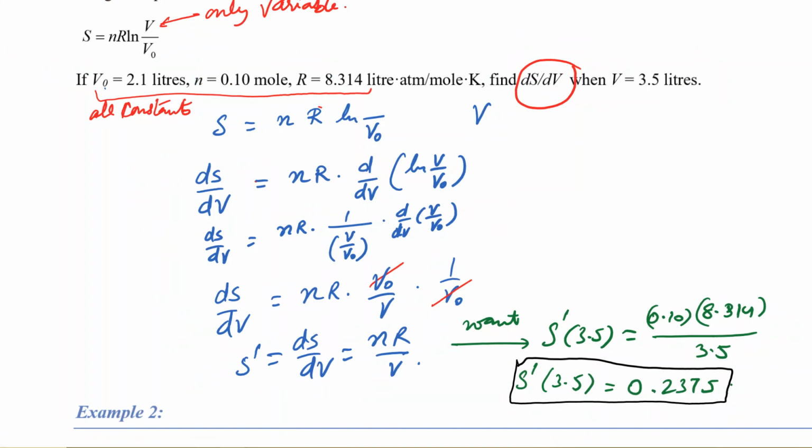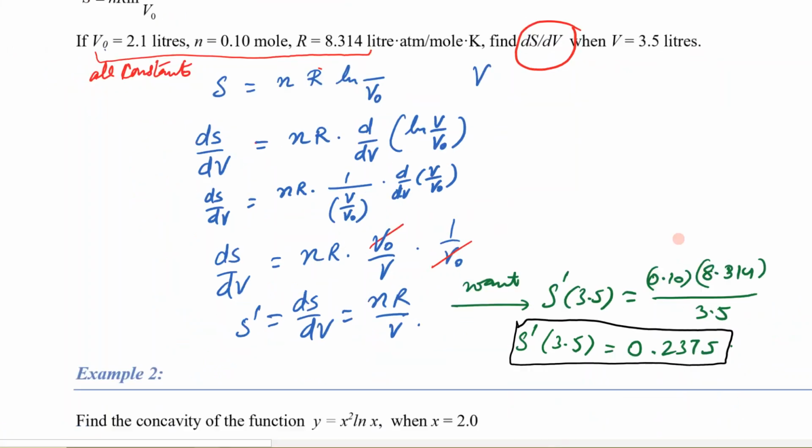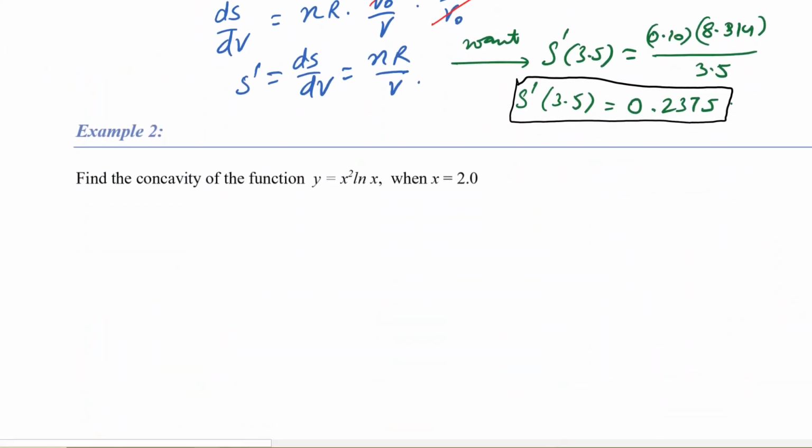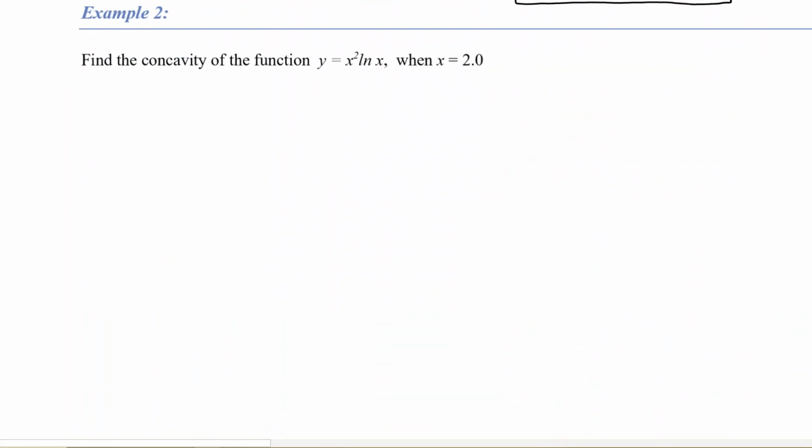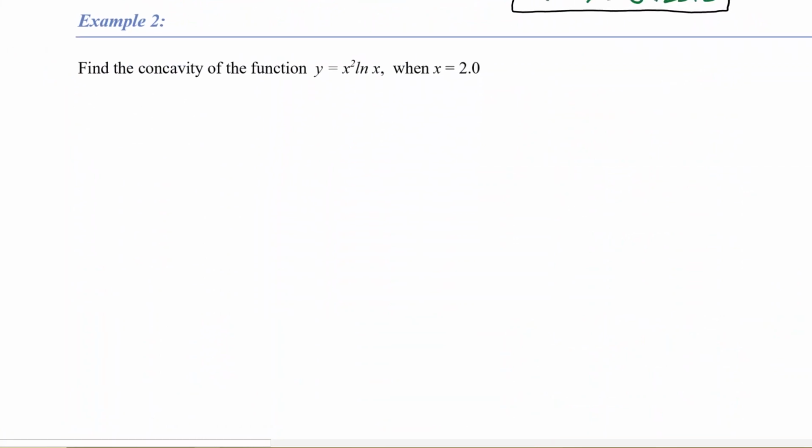All right, so let's take a look at the next example. In the next one, we need to find the concavity of the function y = x squared ln x, when x equals 2.0. So we need to figure out whether the function is concave up or concave down at x equals 2.